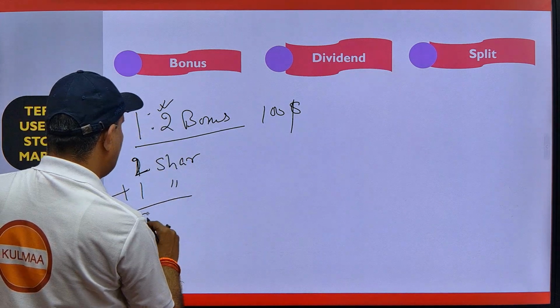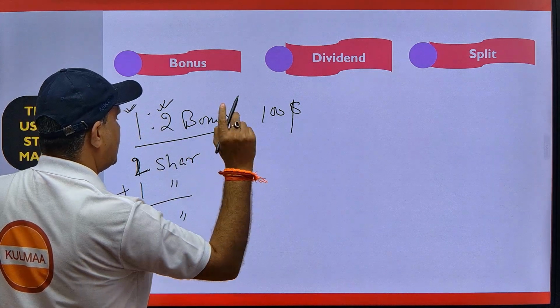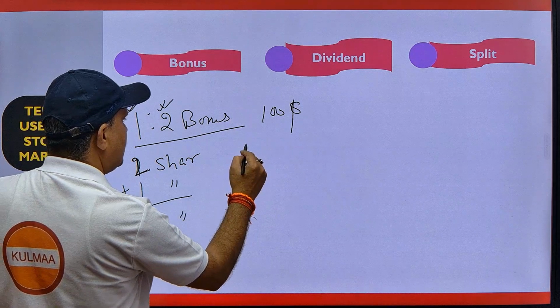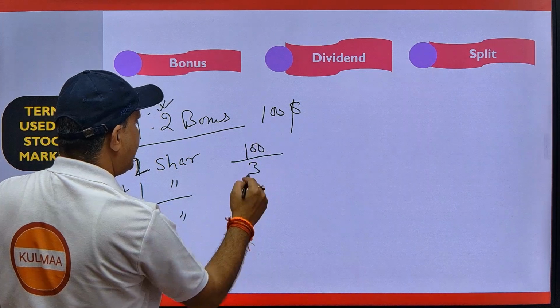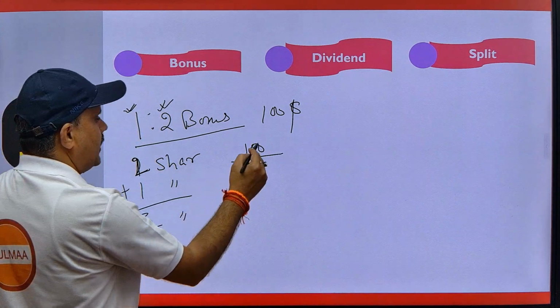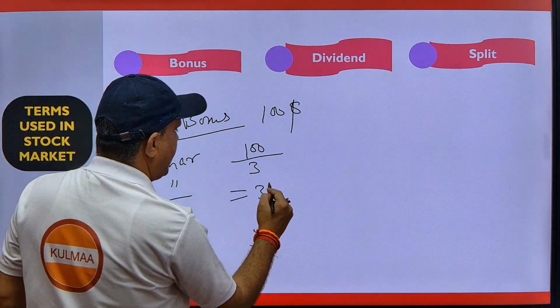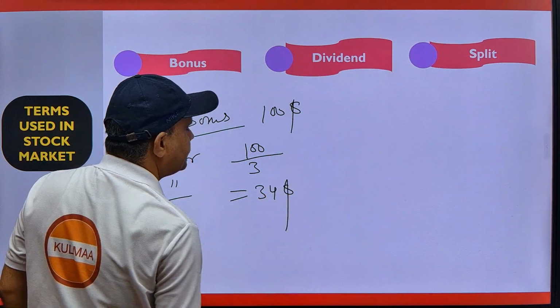So that will be a total of 3 shares with us. But the price of that company share will go down. It will be divided by 3, as there are a total of 3 shares now.